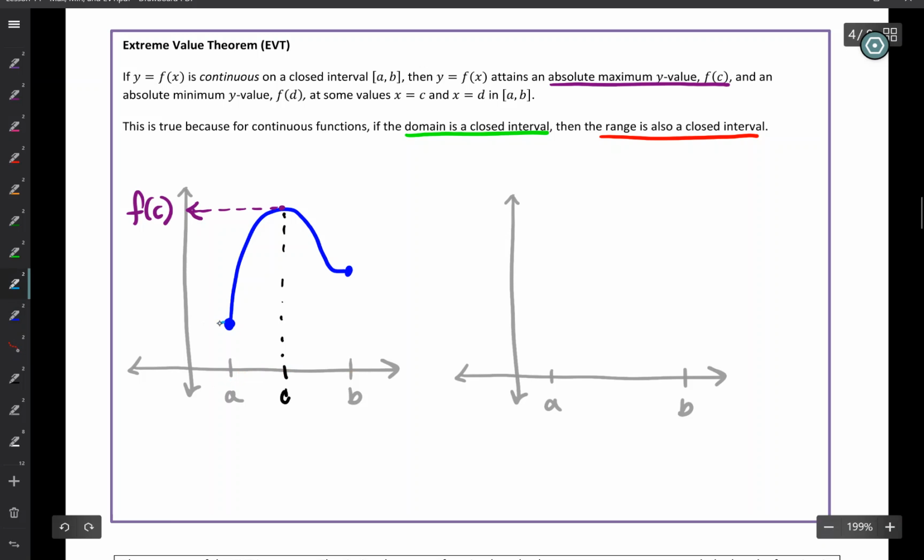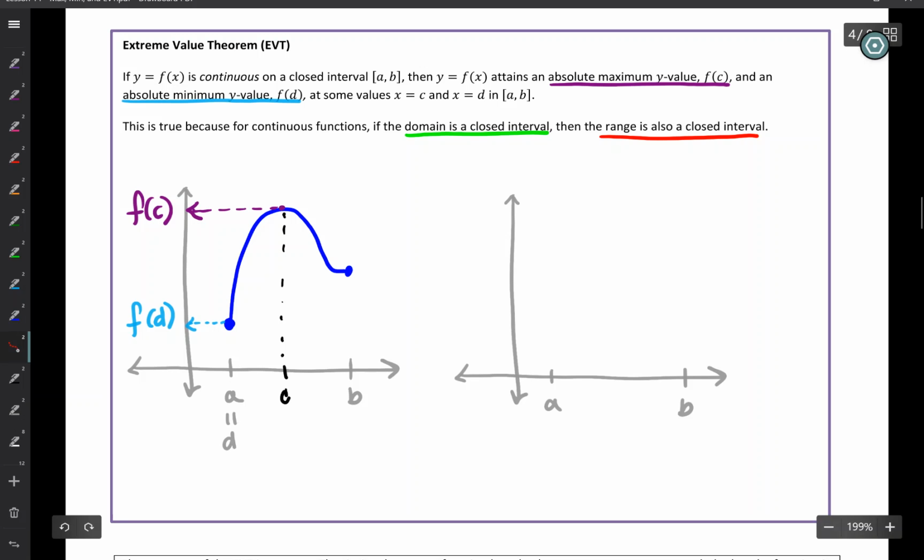Here's my absolute min, my global min, f of, say, it's a y value, it's a function value. And here d is a, right? And that's perfectly fine.